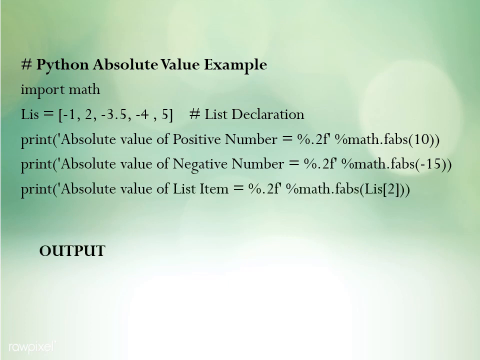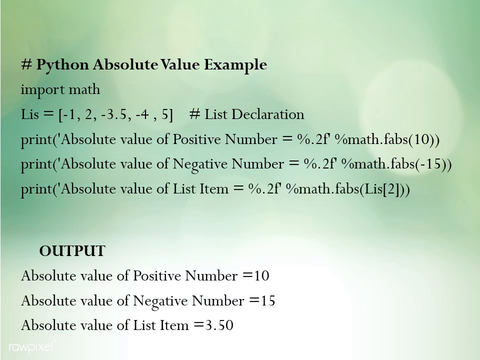And if I am writing the command math.fabs(10), the output will be 10, meaning the absolute value of 10 is 10 only. If I am taking a negative value, math.fabs(-15), it will print the absolute value of -15, that is 15.